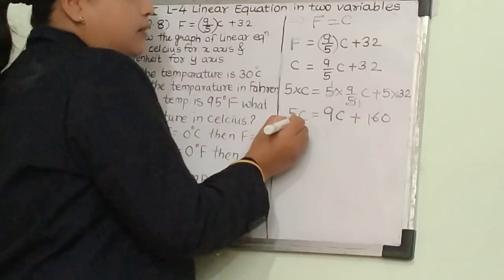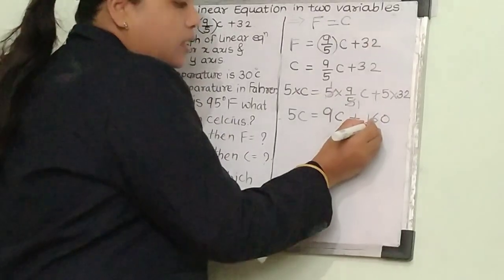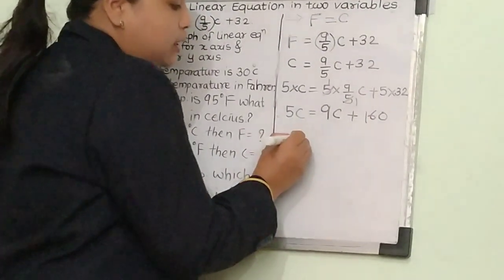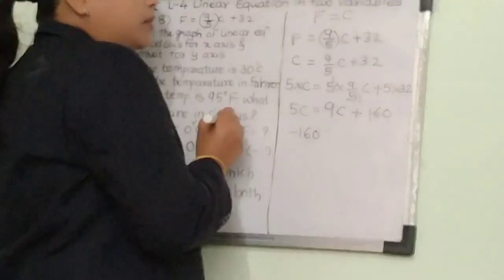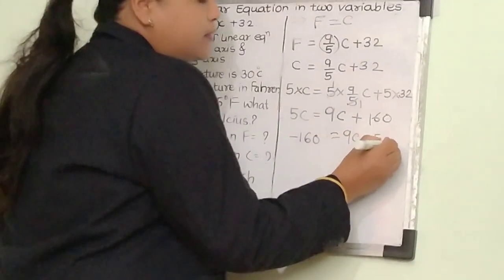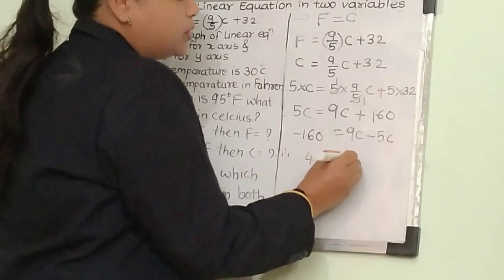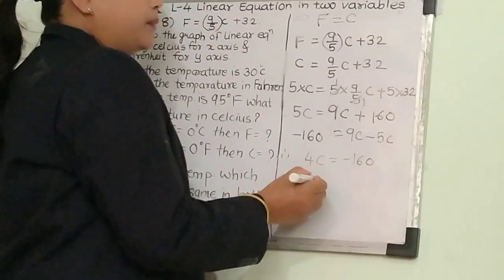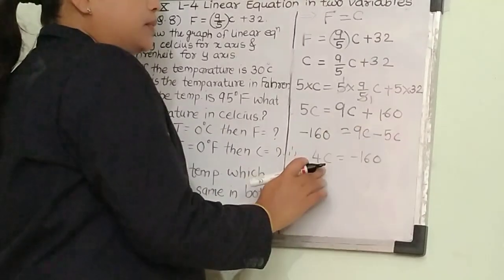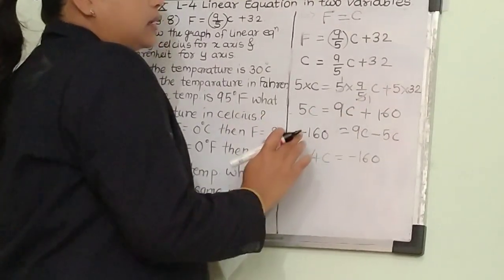So first I will transpose 5C to this side and 160 to this side. So 160 becomes minus 160 and 9C minus 5C. So we get 4C equals minus 160. 9 minus 5 becomes 4.